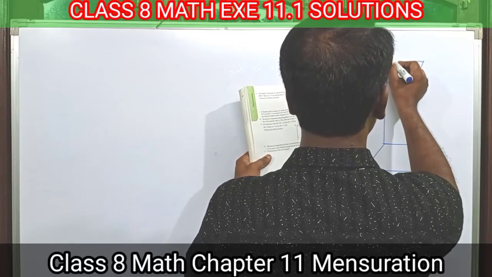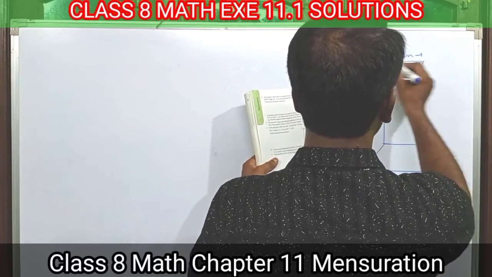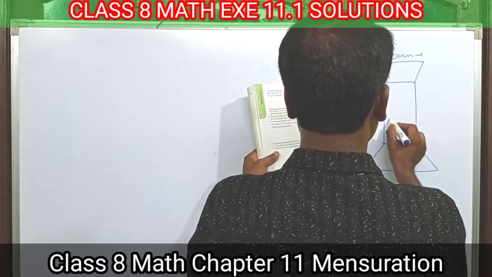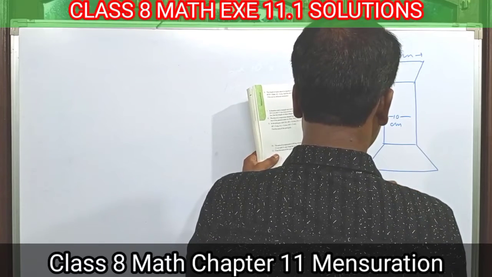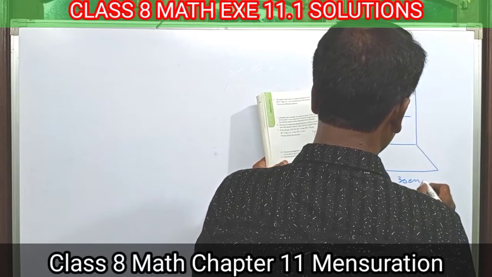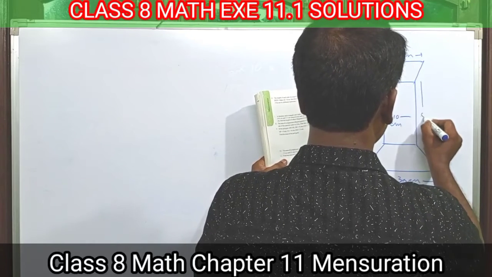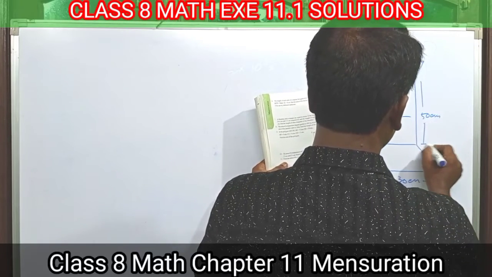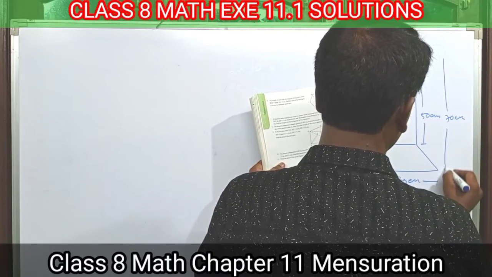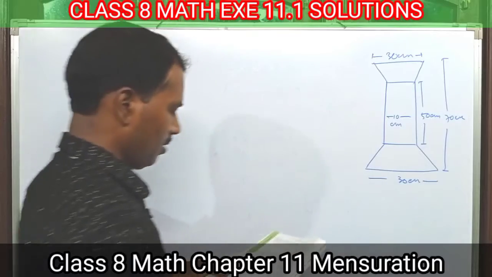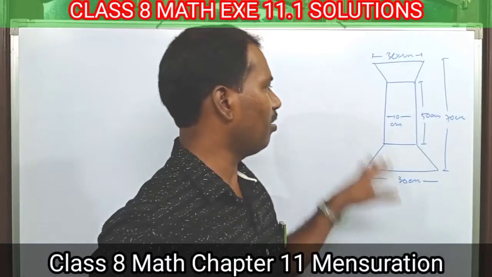So this is 30 centimeter and this is 10 centimeter. This is also 30 centimeter and this one is 50 centimeter up to this, and this total is 70 centimeter. We have to find the area of this figure.